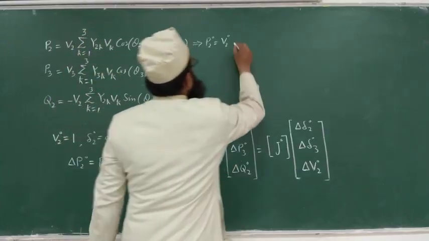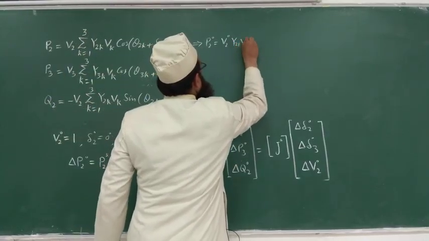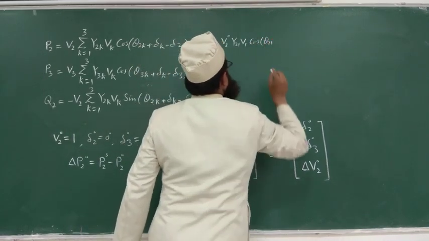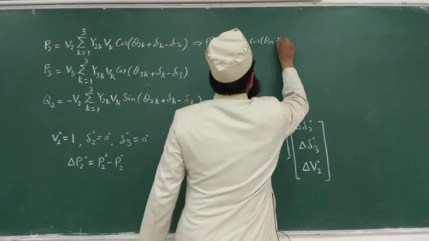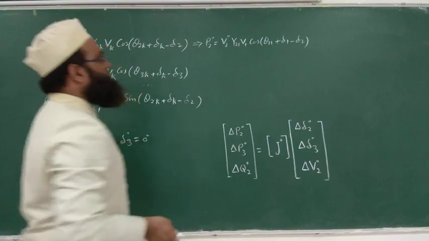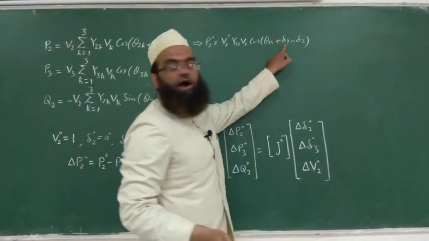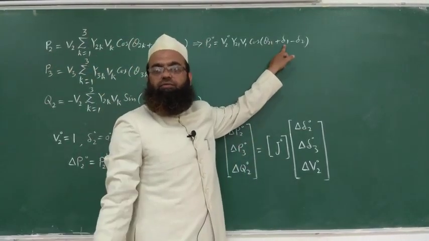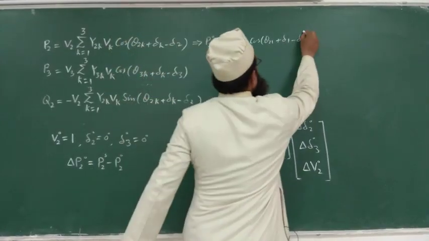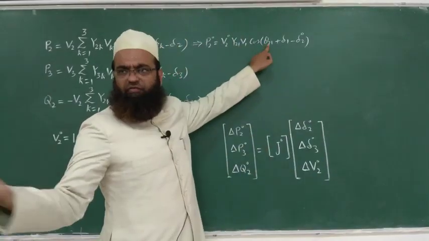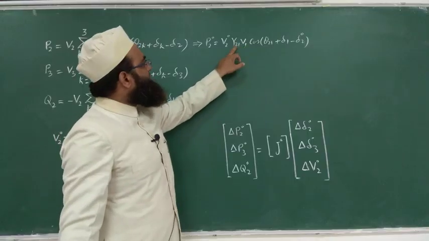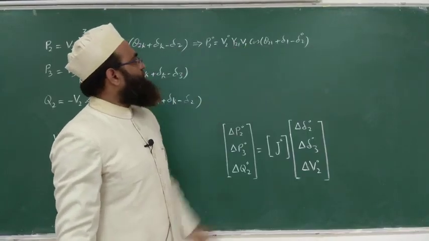So K is 1, Y21 V1 cos of theta 21 plus delta 1 minus delta 2. So substitute the values of the variables. This is specified corresponding to slack bus, but this is variable, and this is P2 0, so hence you will put 0 here. This is again specified. This is specified corresponding to slack bus. This is specified. This is variable you have substituted, right?